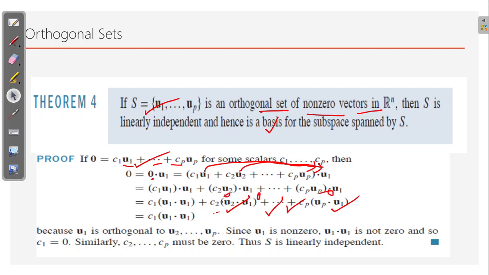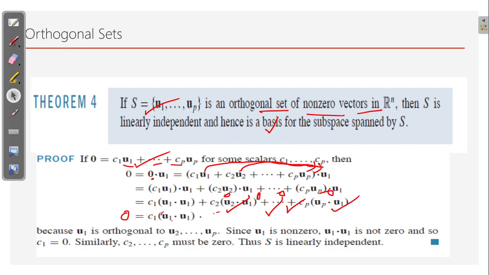So you will get 0 equal to c1 times u1 dot u1. But u1 inner product u1 will not be 0.